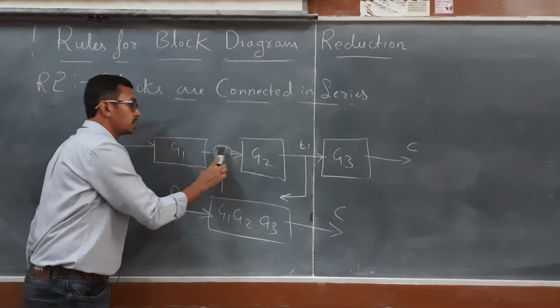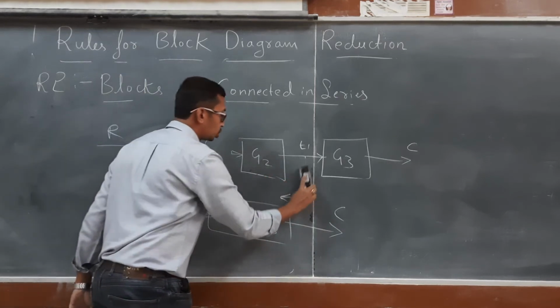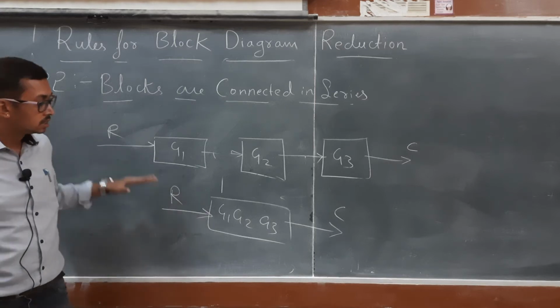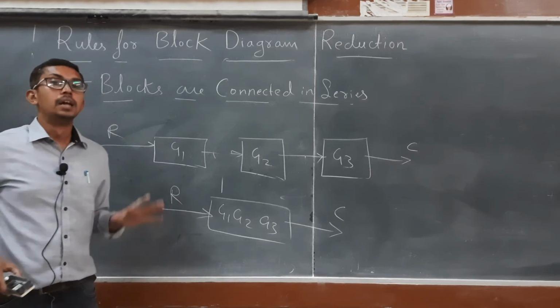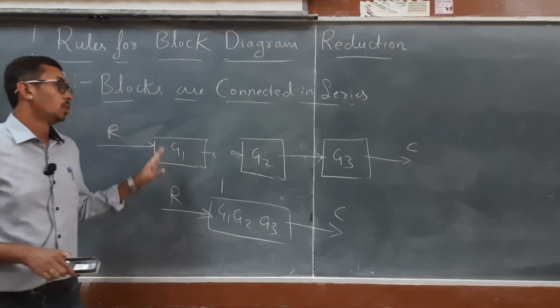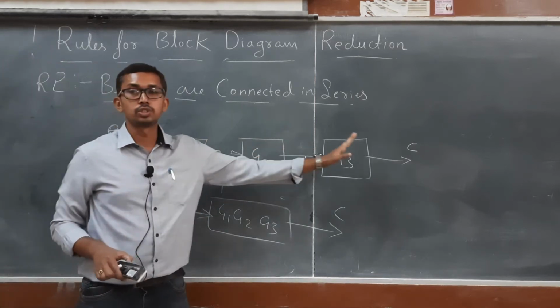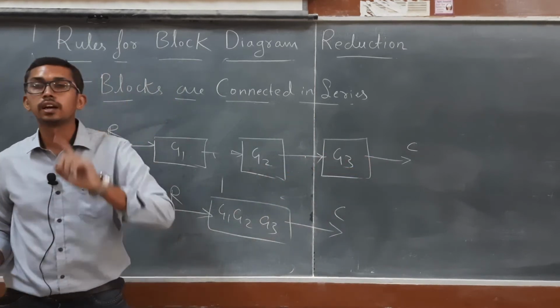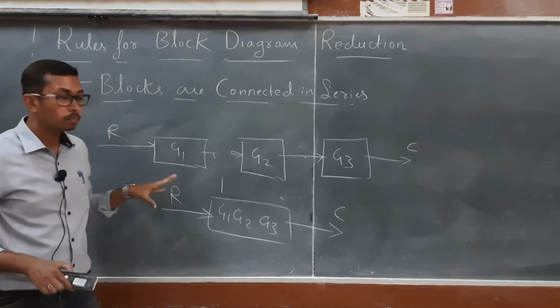In between the blocks there should not be any takeoff signal or any summing points. Only in such conditions can we say the blocks are in series. If the blocks are in series, we can multiply the transfer functions of all the blocks and reduce them to a single block. So this is the rule.